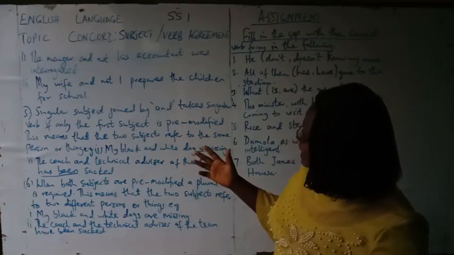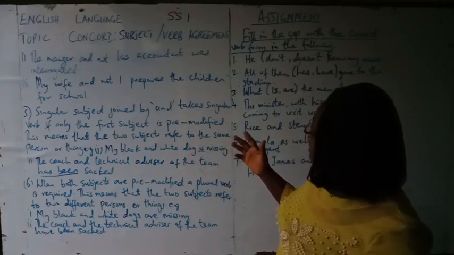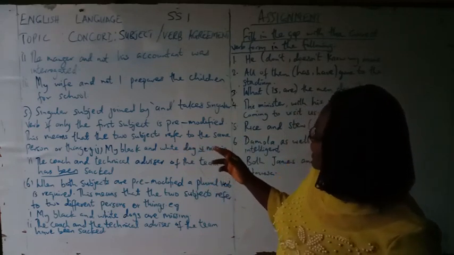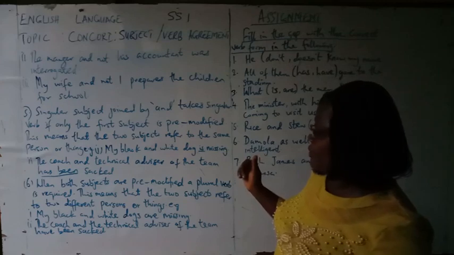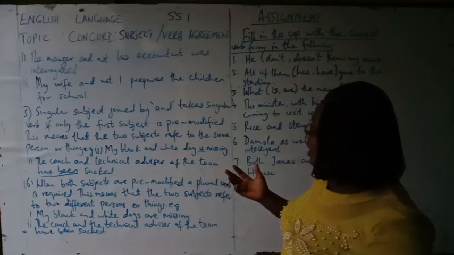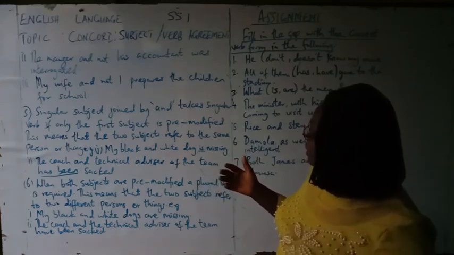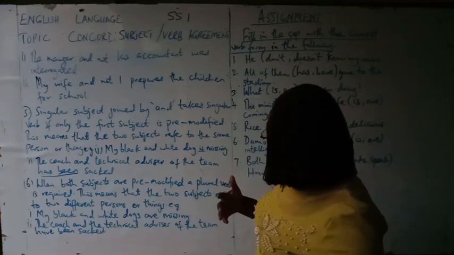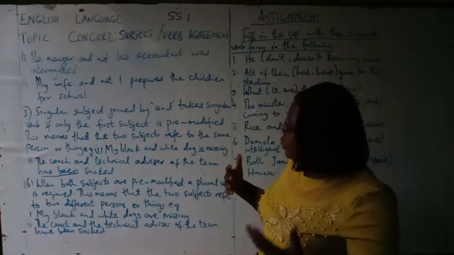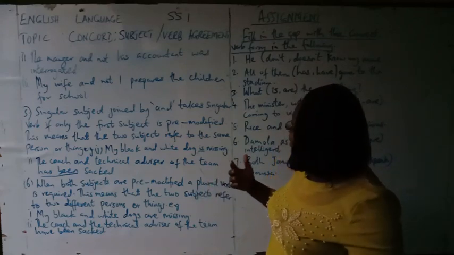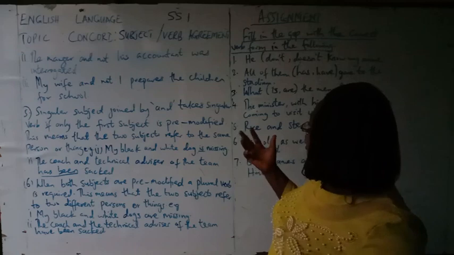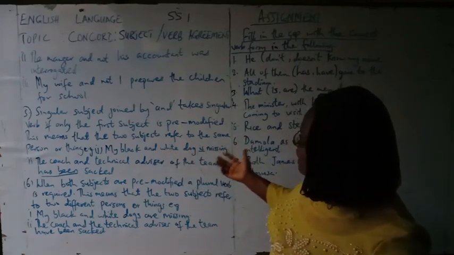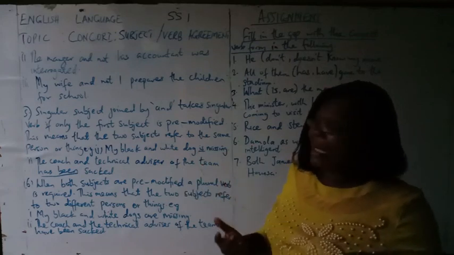The fifth point. Singular subjects joined by "and" take a singular verb if only the first subject is pre-modified. What do I mean by this? If there are two subjects and only the first one is pre-modified, then it should take a singular verb. This means that the two subjects refer to the same person. It's one and the same person.